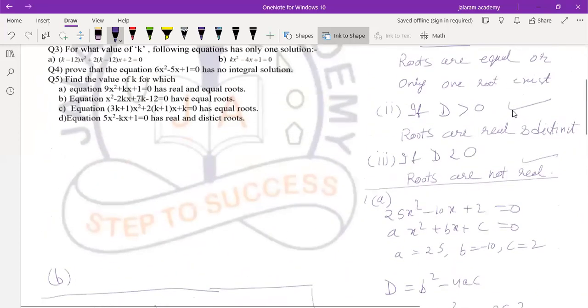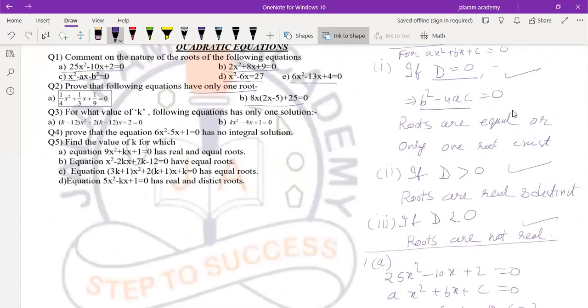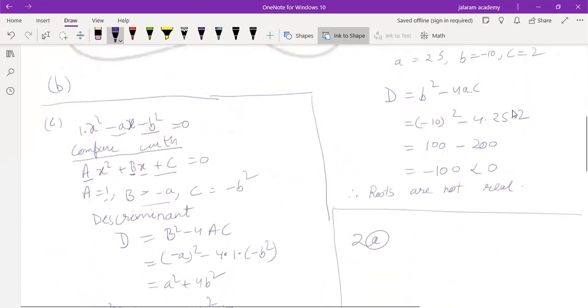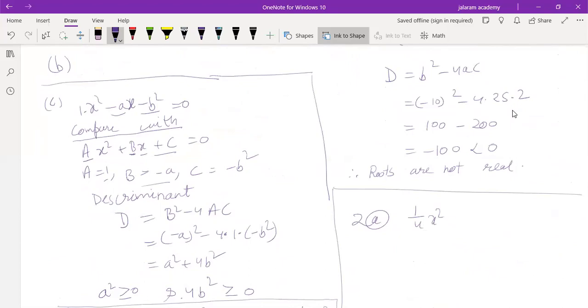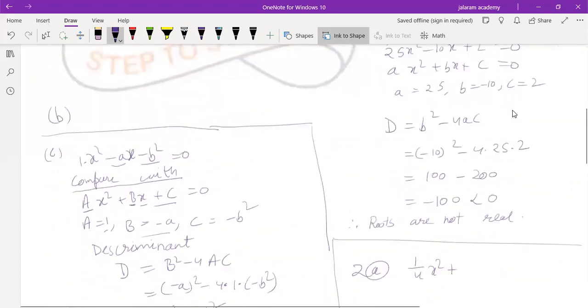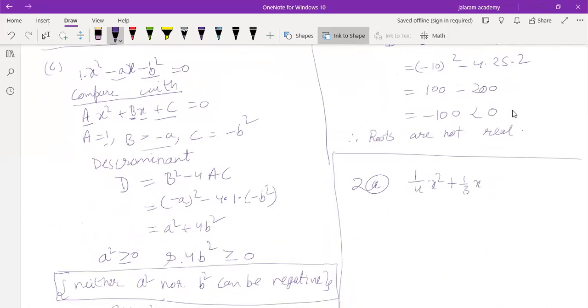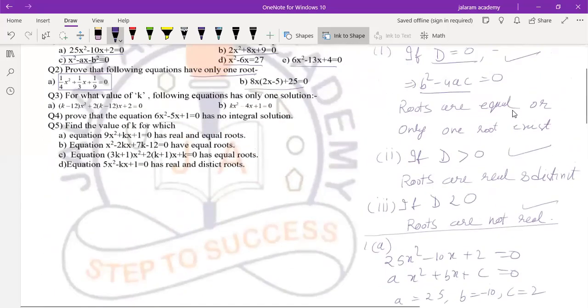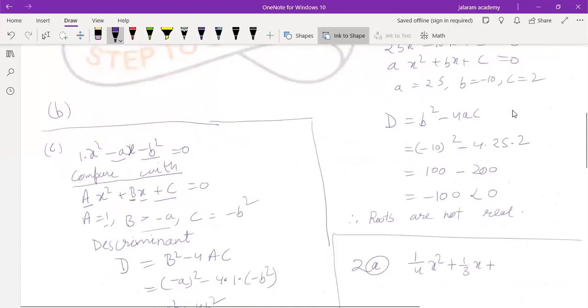Question number 2a is written in the form of fractions: 1 by 4 x square plus 1 by 3 x plus 1 by 9 equals 0.